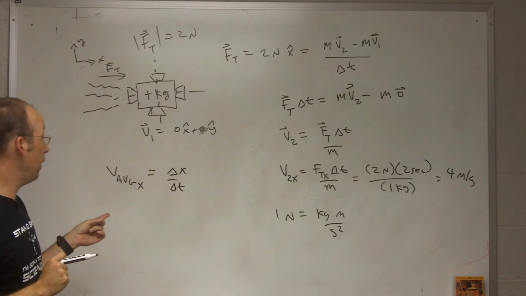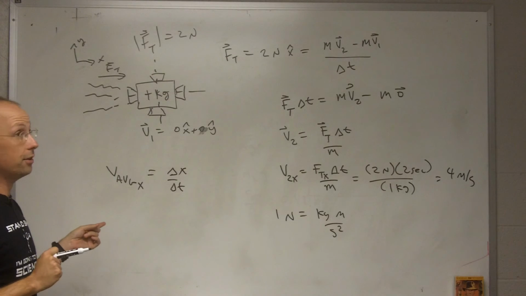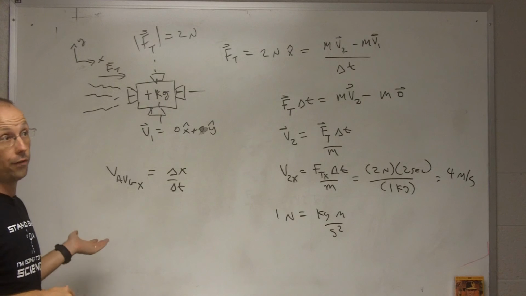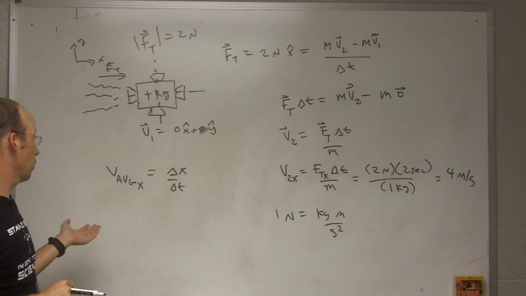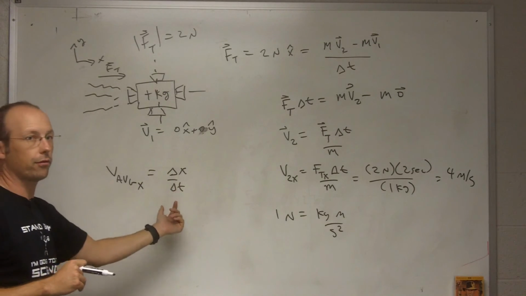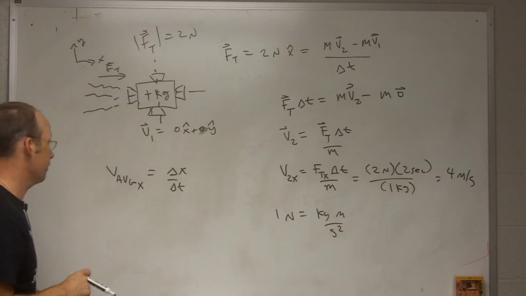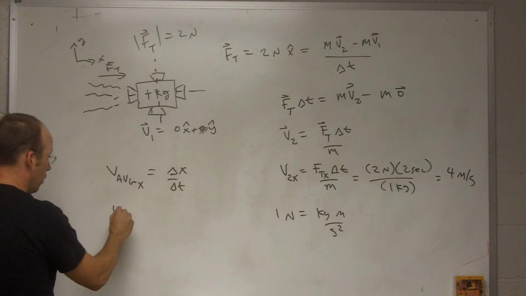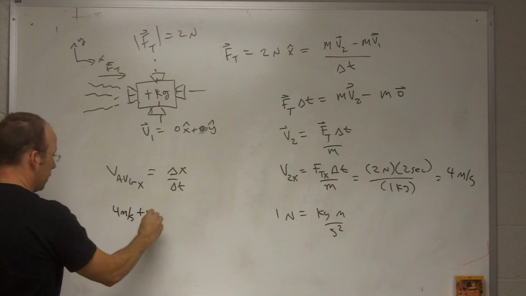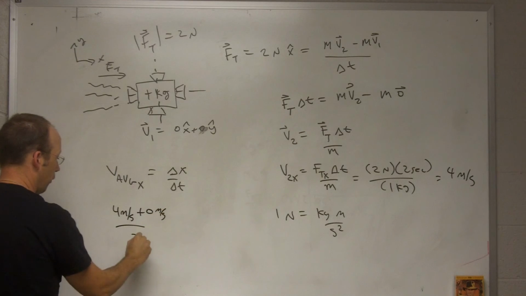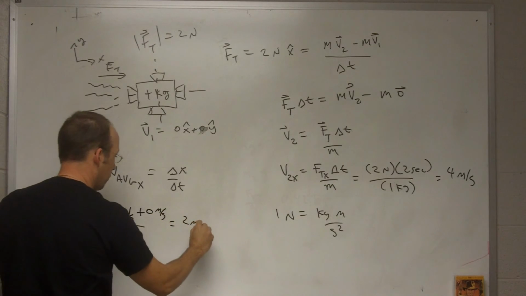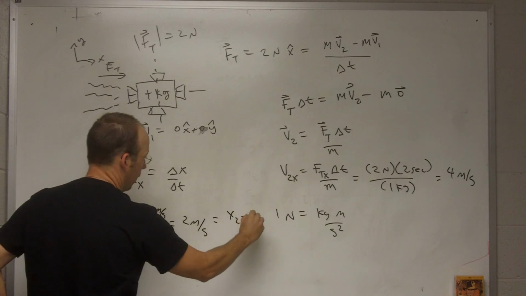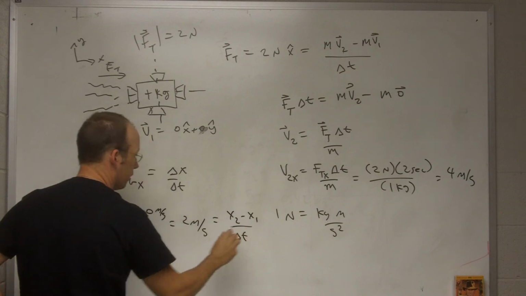That's true if my velocity is changing at a constant rate, meaning I have constant forces, or if the velocity is constant, or if I can approximate it when the time interval is really small. So it is true here. The average velocity is 4 meters per second plus 0 meters per second over 2, which is 2 meters per second. And then I have x2 minus x1 over delta t.